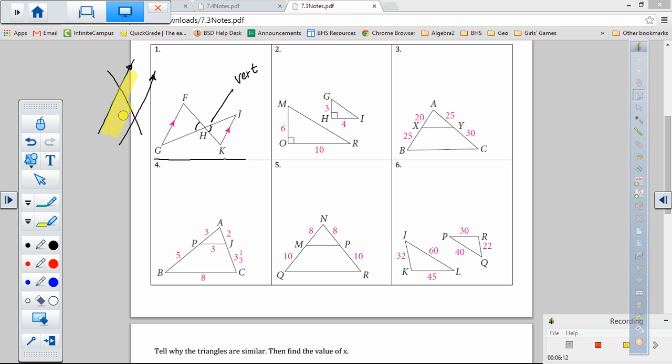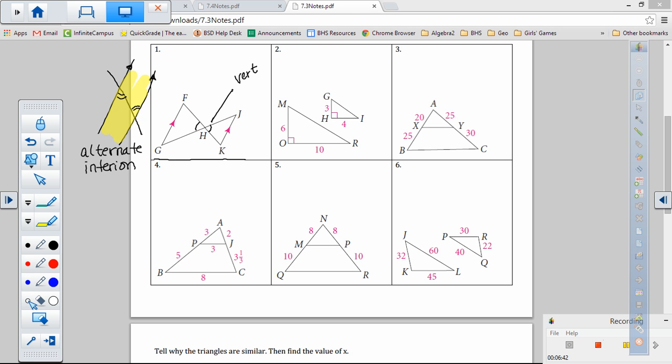This is the interior. It's between the two parallel lines, and we're going to talk about the angles that are alternate from each other. So that one and that one. Those two are what we call alternate. They're on opposite sides of this line, and they're inside the two parallel lines. So alternate interior.